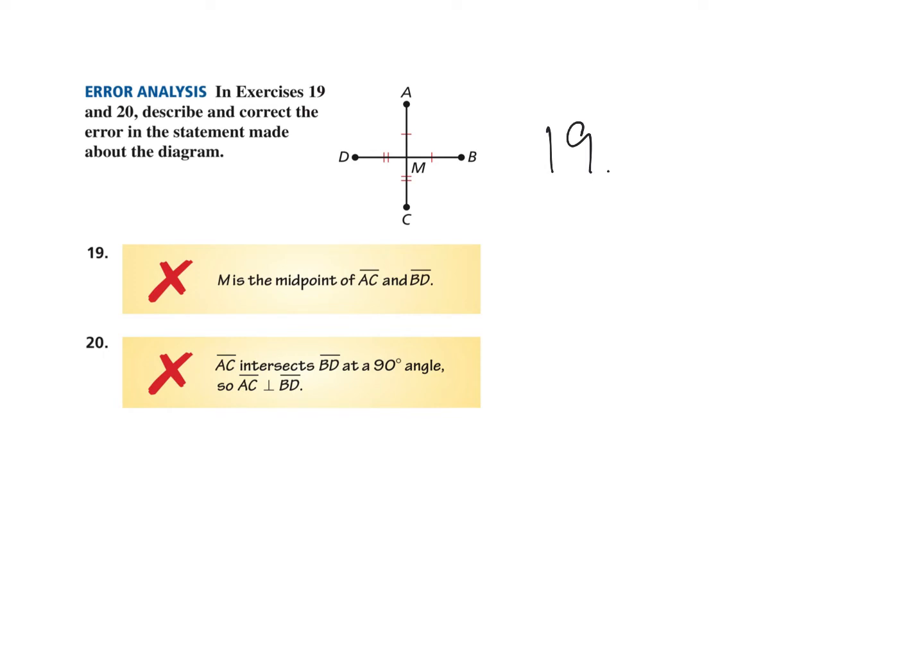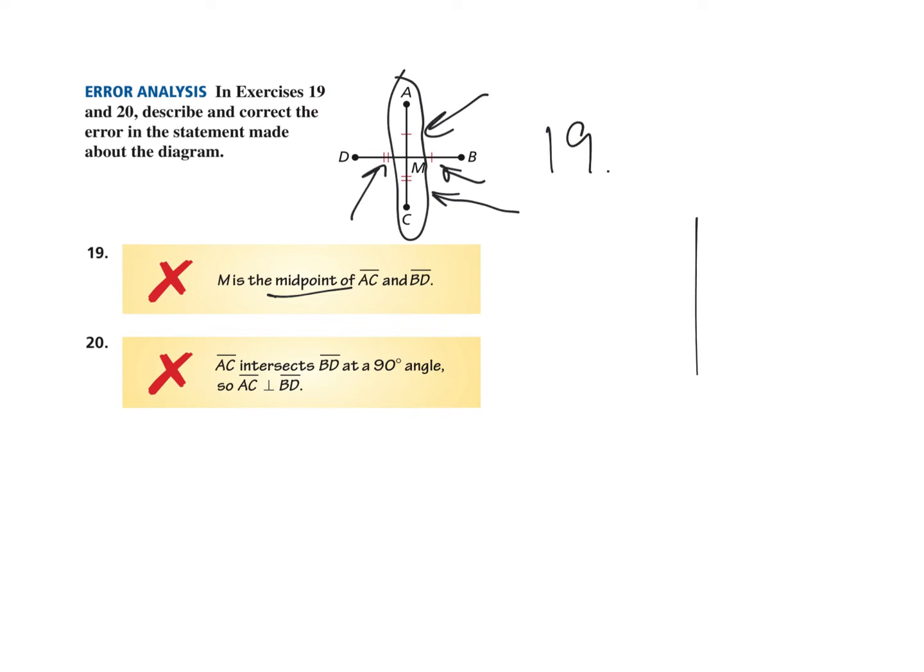So M is the midpoint, so we're looking for the midpoint of segment AC. Right off the bat, there's a problem. This has one hash mark and that one has two. If M is the midpoint of AC, then they should have the same hash marks. And then it says BD as well. So those two should be the same.